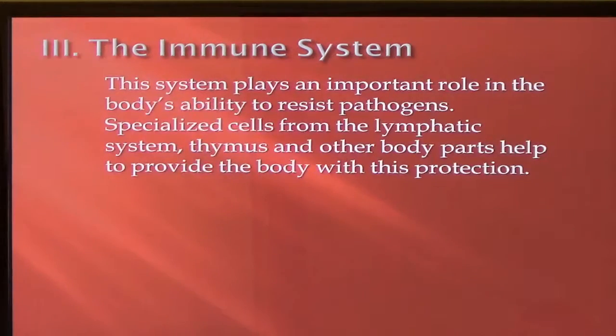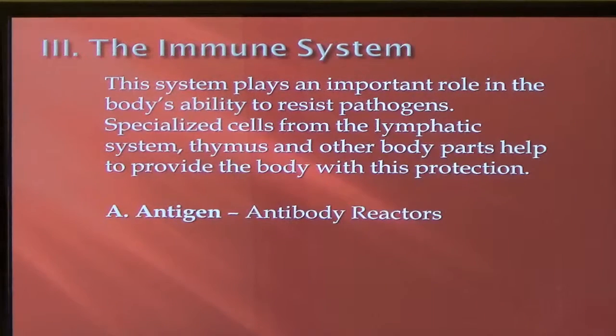All right, the immune system we'll go through real quick. I don't think there's too much on the exam on this. But the system plays an important role, again, to protect yourself from any harm, any bugs, bacteria, or virus, or anything like that.